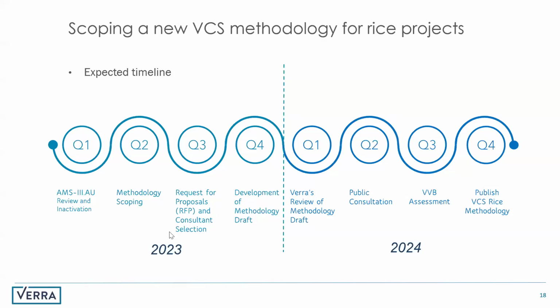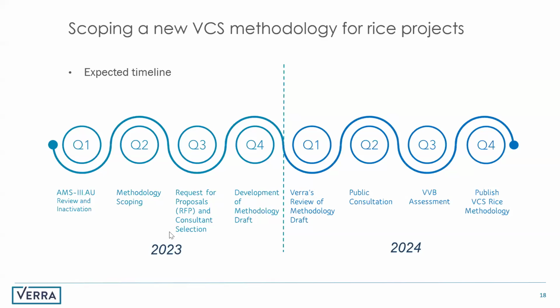For example, one of the requirements of VM42 is the requirement for soil carbon measurements. And what we are trying for this new rice methodology is to have some rules and requirements for a project developer to monitor the soil organic carbon stocks, eventually without having to measure it.